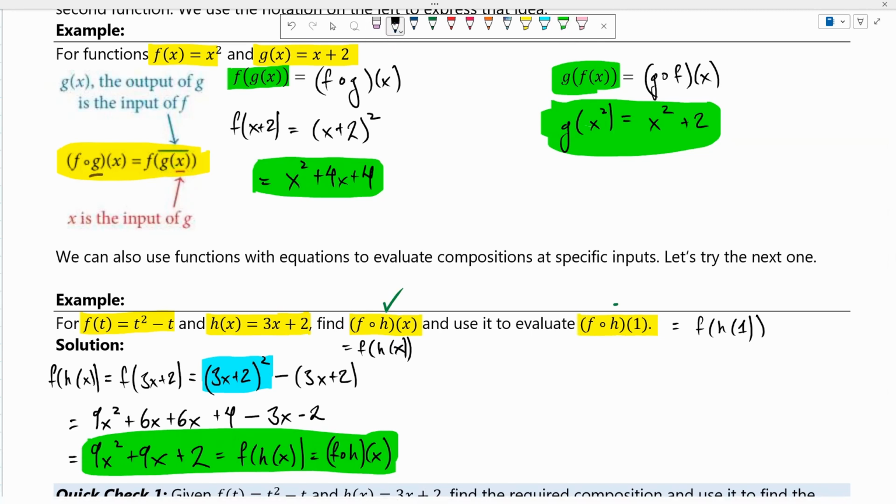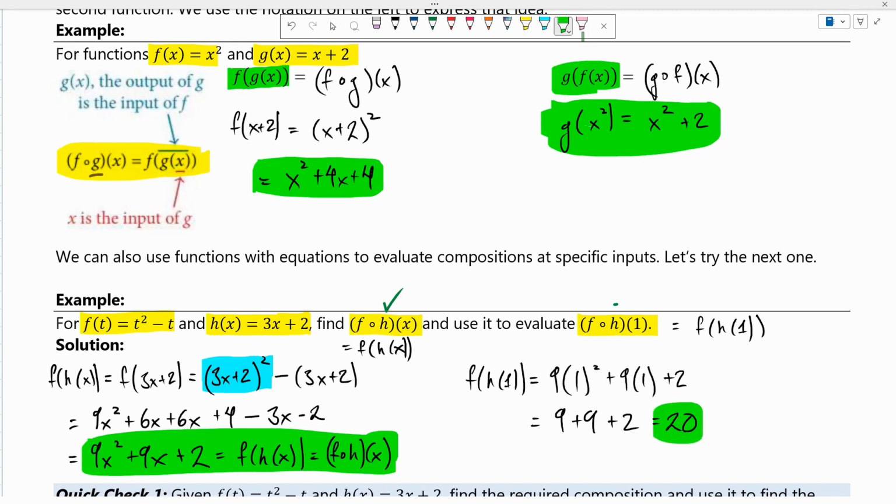So f of h of 1 is equal to 9 times 1 squared plus 9 times 1 plus 2. That's going to be 9 plus 9 plus 2. So 9 plus 9 is 18, 19, 20. And we are done.